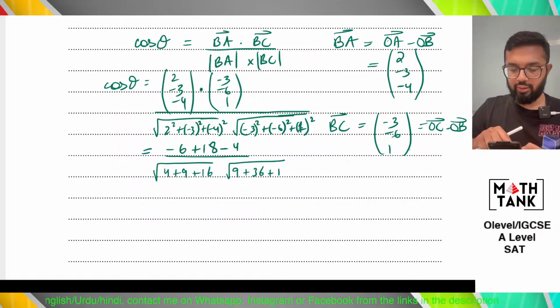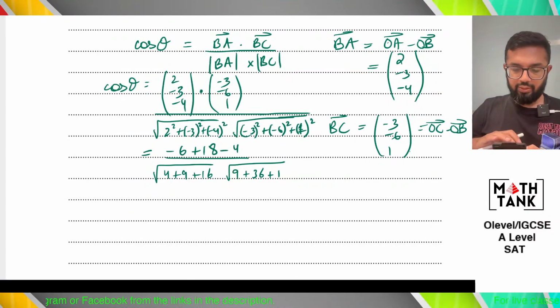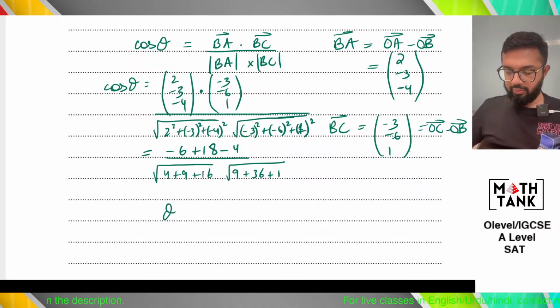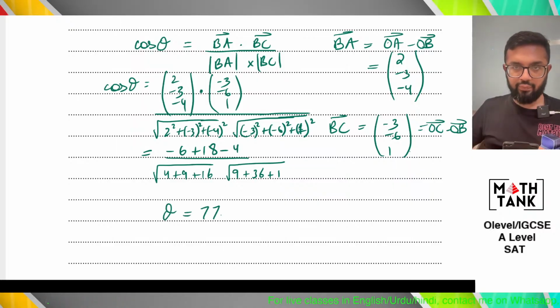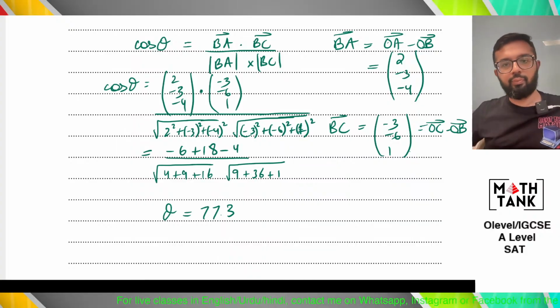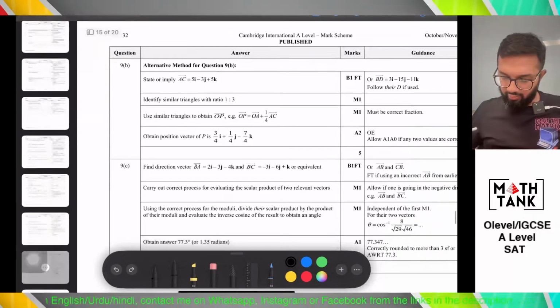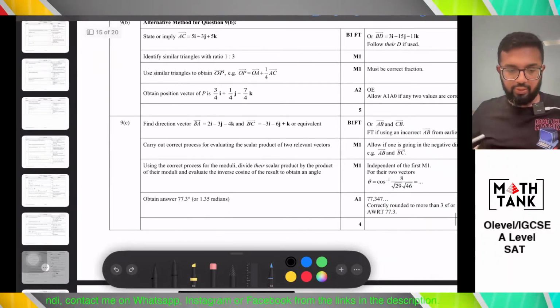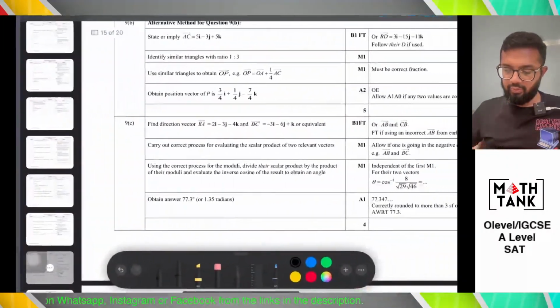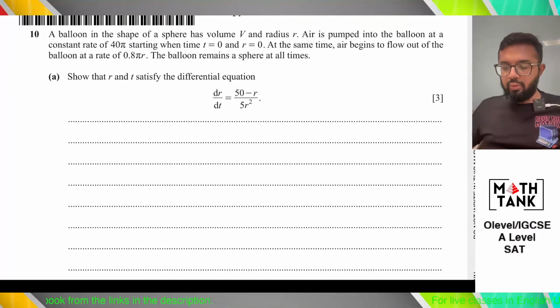Let's change that to degrees. It doesn't say otherwise, so I can do radians as well if you want. I am getting theta as 77.3. Yeah, 77.3. Okay.